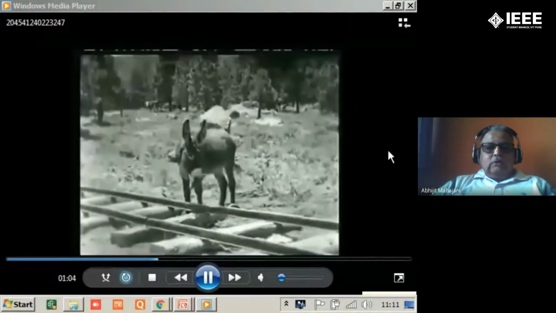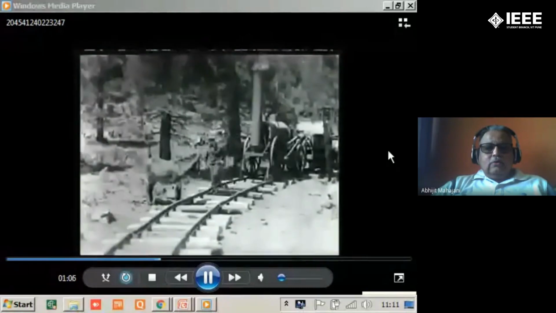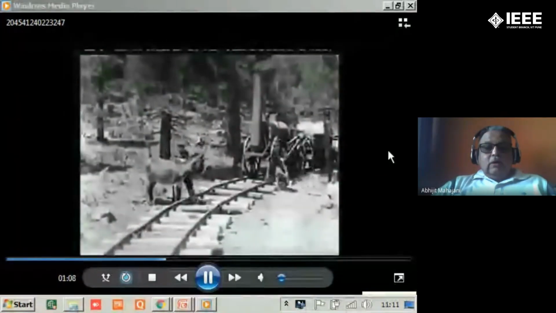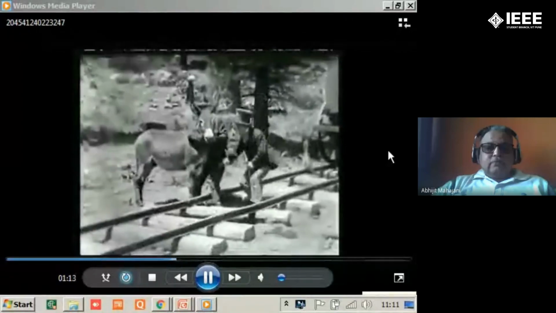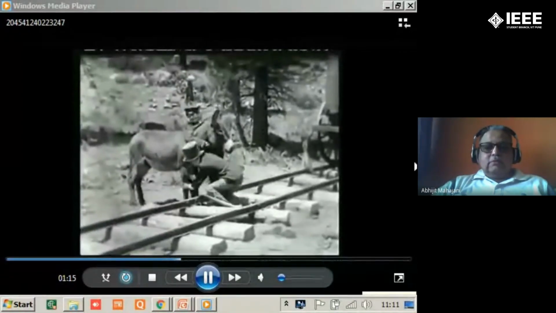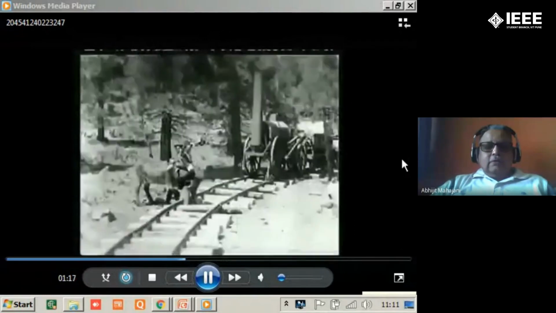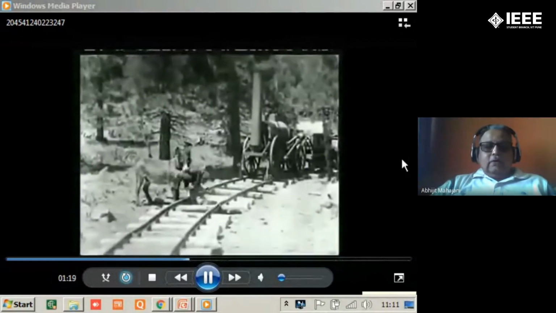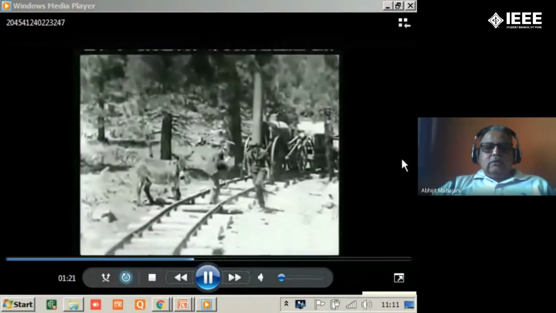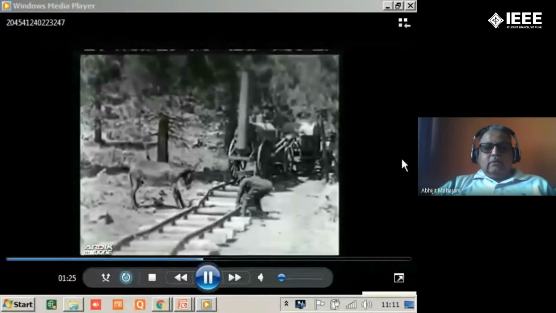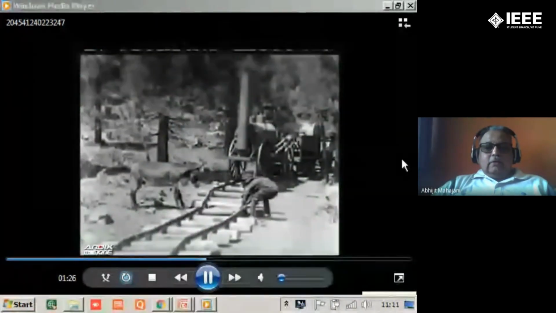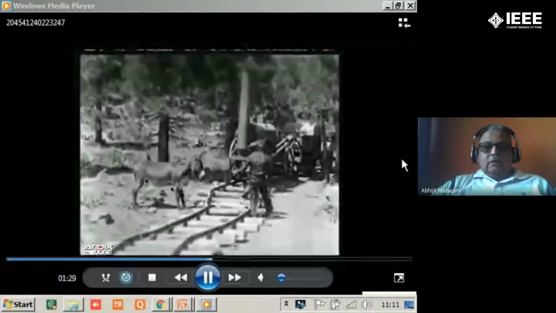Here is a curious donkey who wants to know what is going on. He has never seen this kind of a thing. Not ready to budge. So it's easier to move the rails. And here we go.